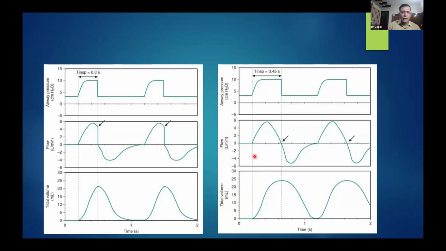So let's see how this graph works. If I set my T inspiration as 0.3 second, just look at the pressure time graphic. It goes this way. If I see the flow time graphic, it suddenly ends here. So it goes up, it ends suddenly here.